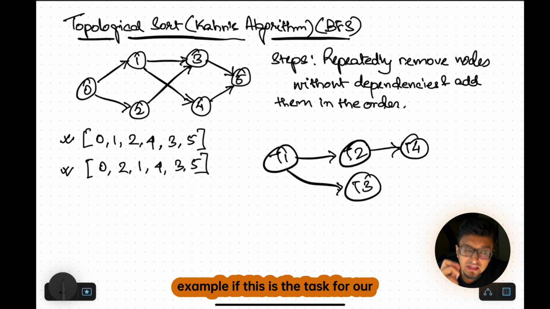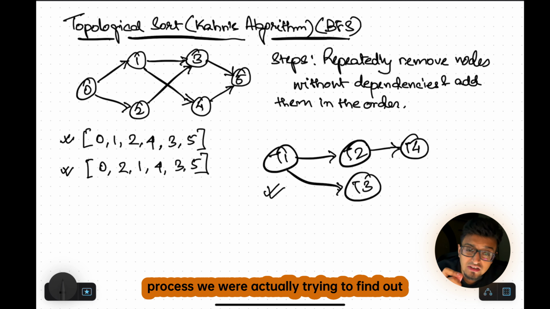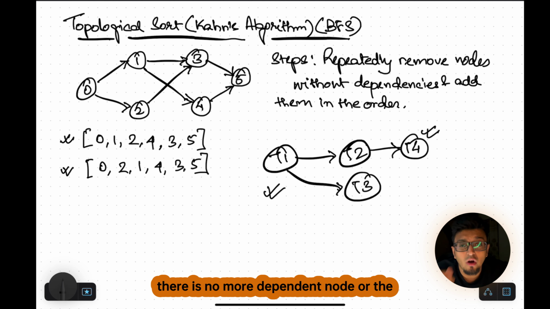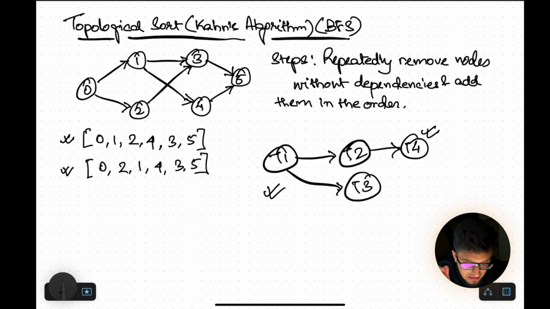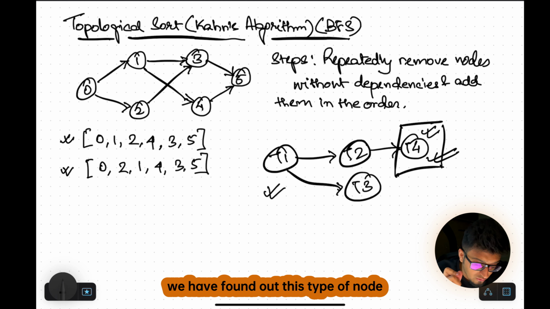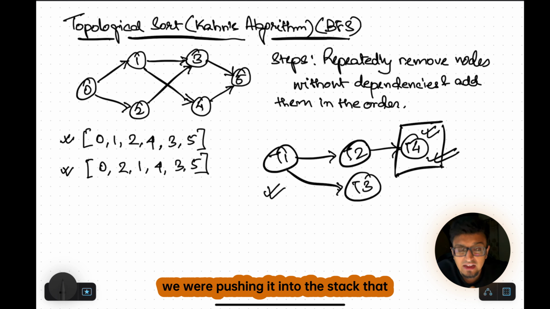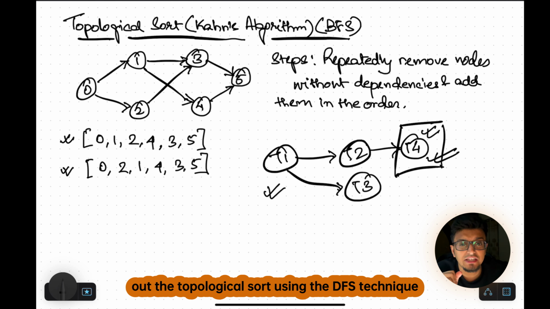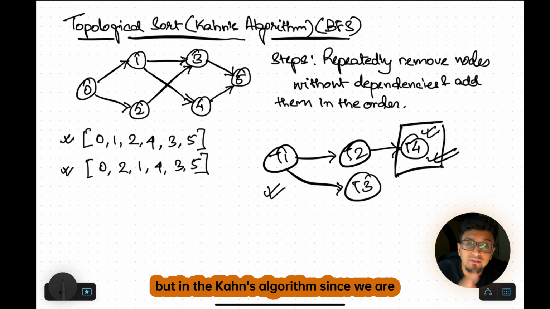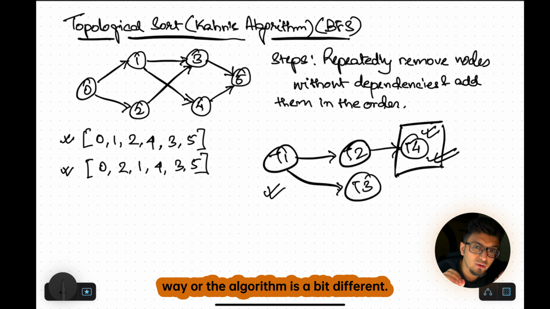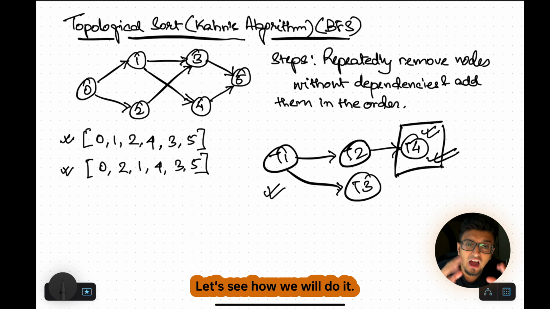For example, if this is the task for our process, we were trying to find this node, the last node where there is no more dependent task. Whenever we found this type of node, we pushed it into the stack. That was the intuition to find the topological sort using DFS. But in Kahn's algorithm, since we are using BFS traversal, the algorithm is a bit different. Let's see how we will do it.